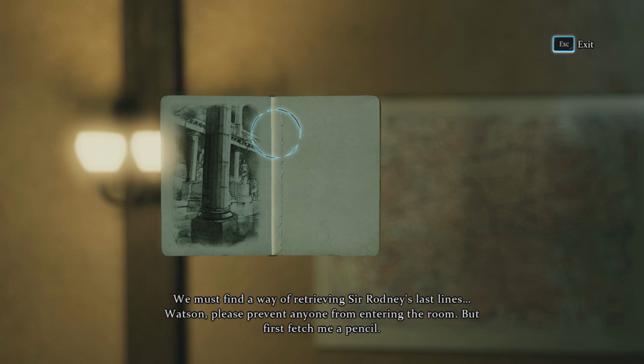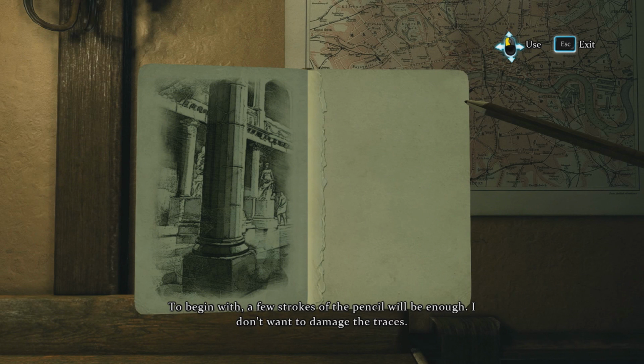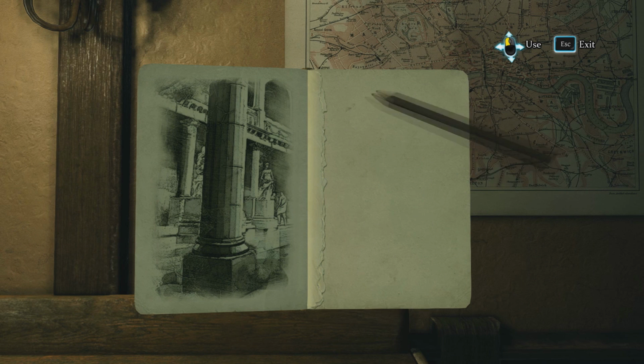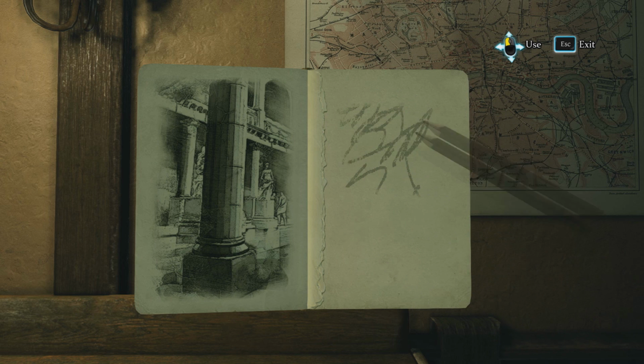Watson, please prevent anyone from entering the room. But first, fetch me a pencil. There's a pencil right there. To begin with, a few strokes of the pencil will be enough. I don't want to damage the traces. I don't know if I'm doing this right.